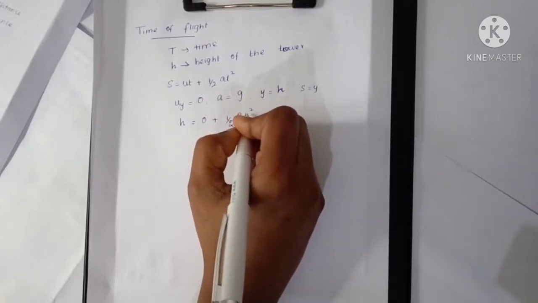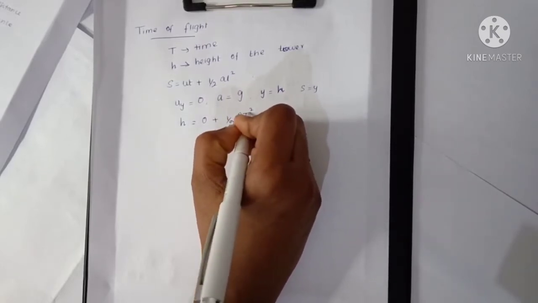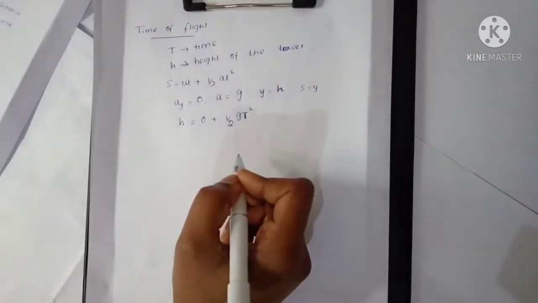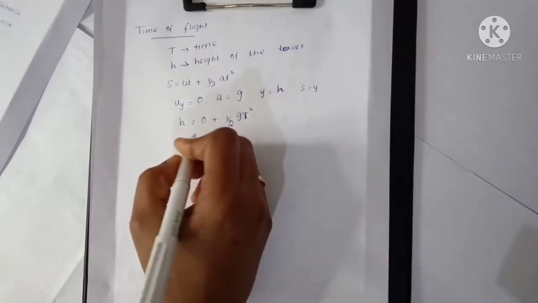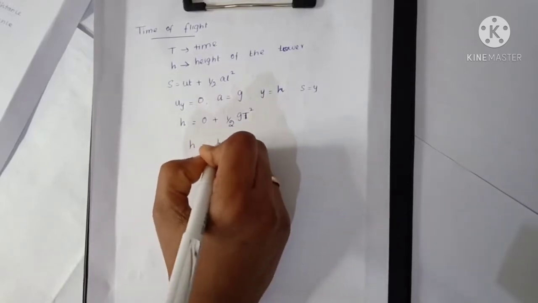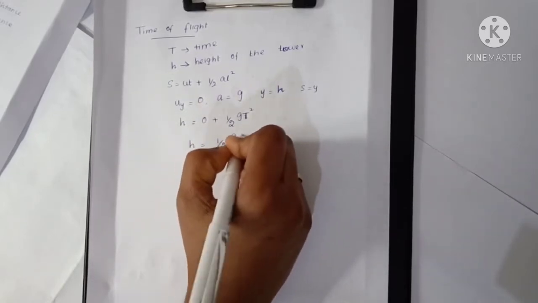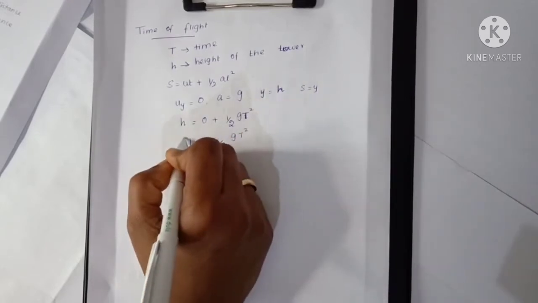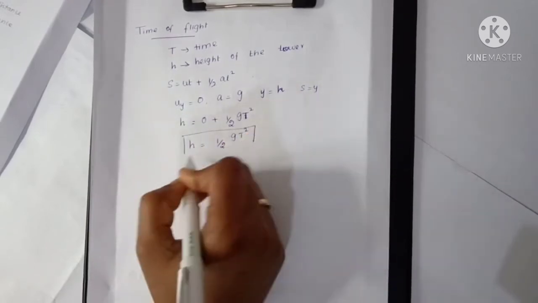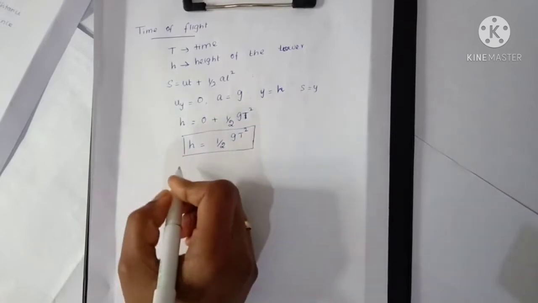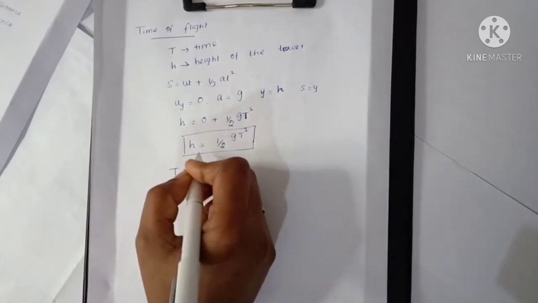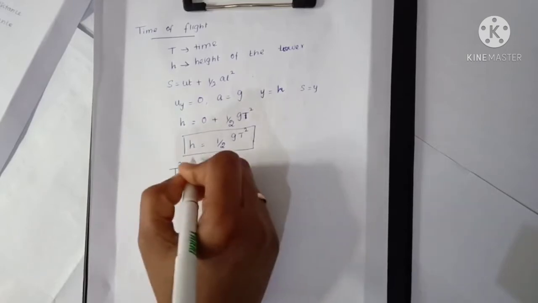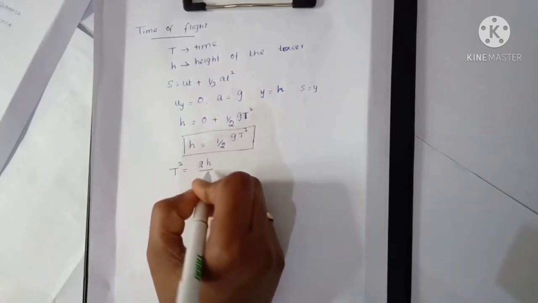Instead of small t we can use capital T because we are going to find the time of flight. So h is equal to 1 by 2 g T square. From this equation we find the time of flight T. T square is equal to 2h divided by g.